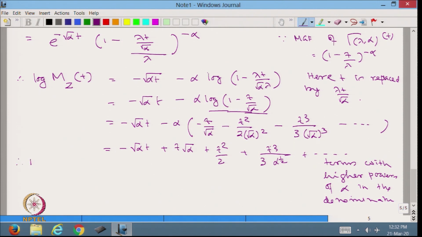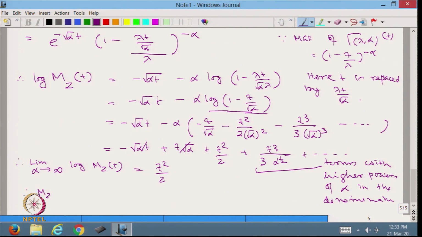Therefore, the limit as alpha goes to infinity of log of M z t is equal to t square upon 2, as these two cancel and all these go to 0.